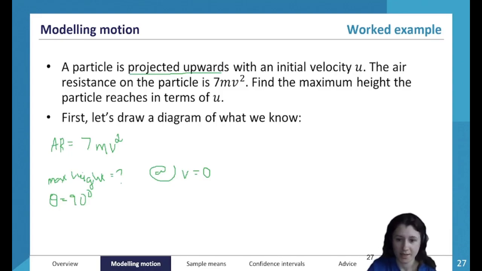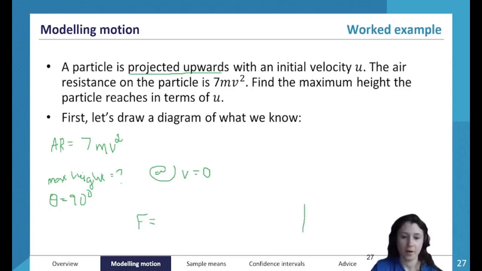So let's consider now what the net force is. The net force on the particle, let's have a think about what it is.